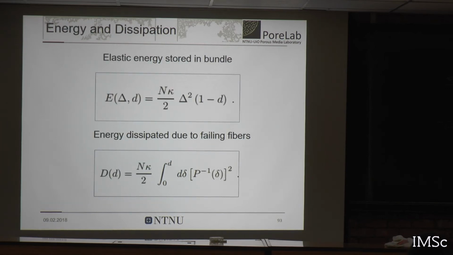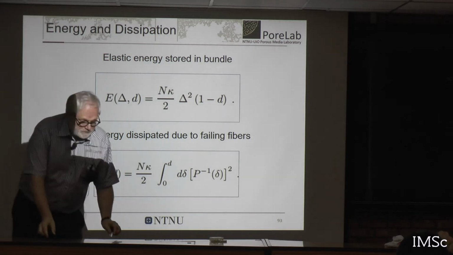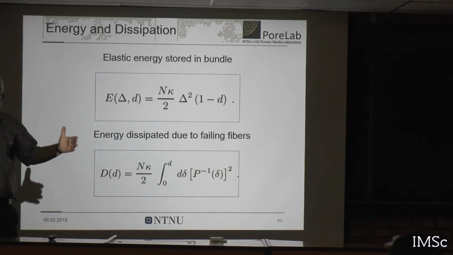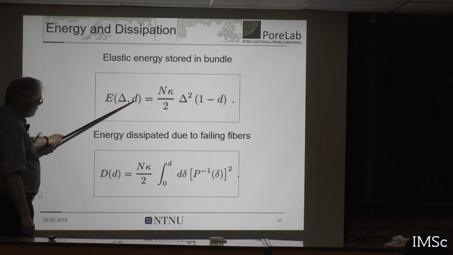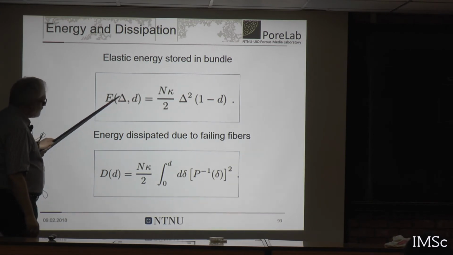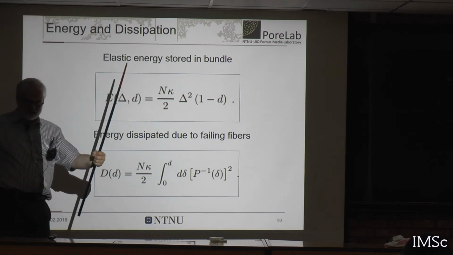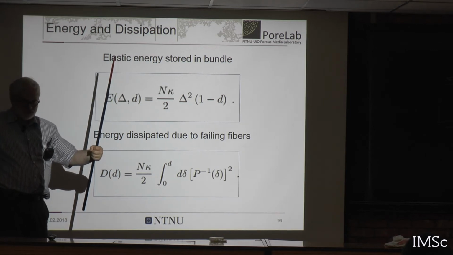All right. So now I'm going to do an energetic analysis of the fiber bundle. And I assume that there's a damage D in the system, and I have an elongation delta. I called it x earlier, sorry, but delta.